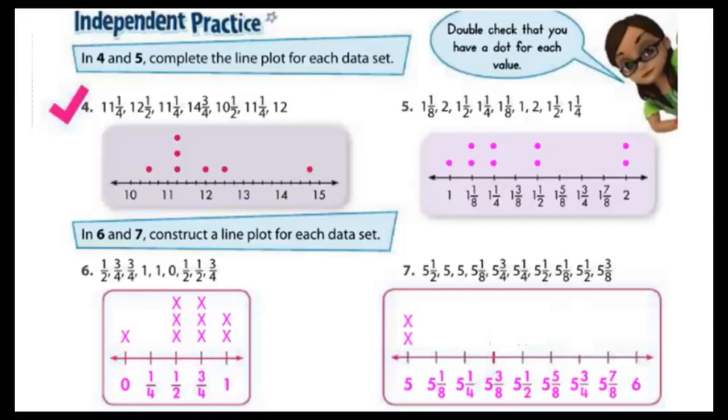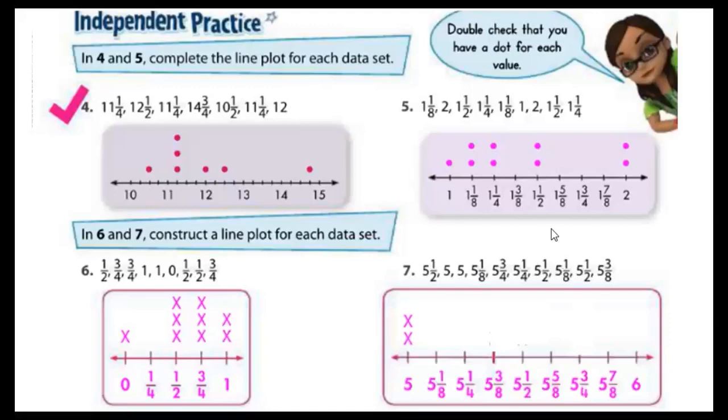Now the second one will be 5 and 1 over 8. How many 5 and 1 over 8 are in the statement? Count them carefully. Yes, 5 and 1 over 8 is repeated 2 times. This is 1 and this is the second one.